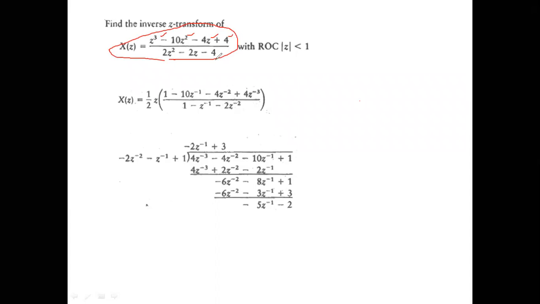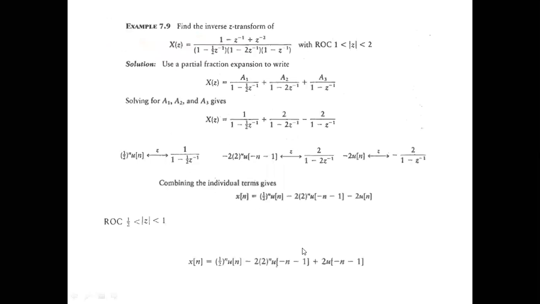If it is in this particular format, somehow I have to convert this into a format something like this, some a divided by, right? I have to factorize them, I have to factor somehow, and represent it like this. So the method is called the partial fraction expansion method.